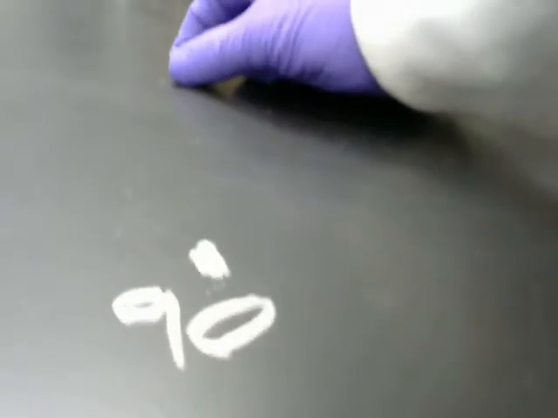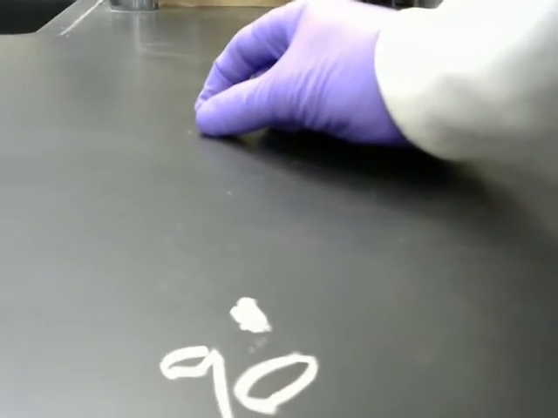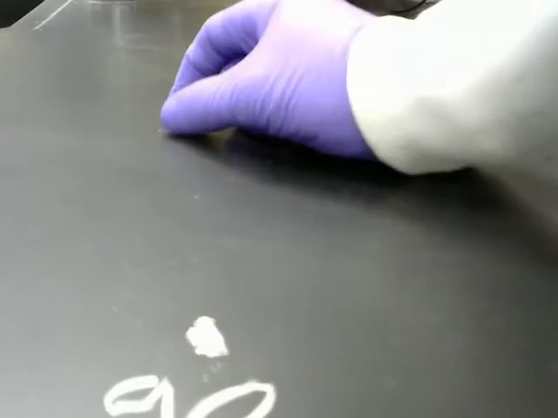Probably, I would expect least likely to occur at 90. So I want my controls to be right up front. And then I'll have one experimental cuvette here at 60 and my final experimental cuvette here at 90 centimeters.